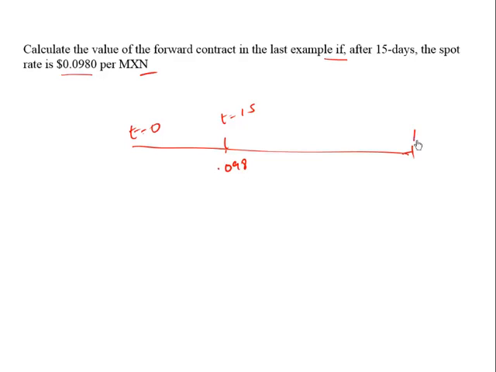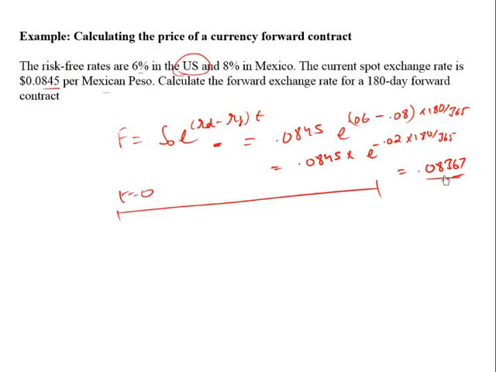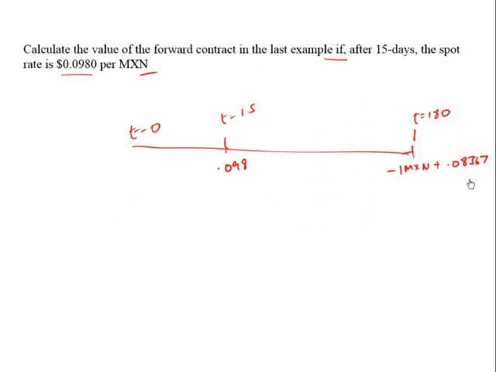He has already entered into a contract whereby at t equal to 180 he will sell 1 Mexican peso and receive $0.0836 US dollars, because that's the rate at which he has contracted. Now 15 days have passed and the Mexican peso has become $0.098 US dollar per Mexican peso, and he wants to extinguish his contract.